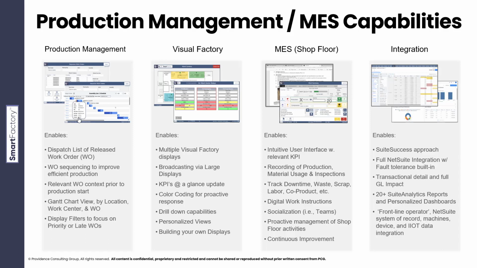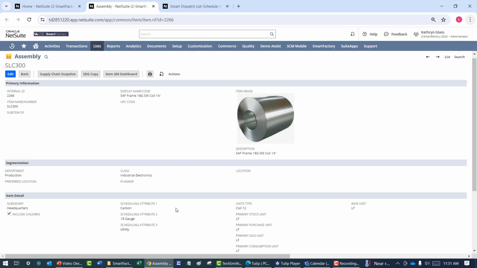Let's go take a look at the solution, and that will start in NetSuite. You're looking at a NetSuite Assembly Item Master. SmartFactory Production Management takes advantage of the 3 scheduling attributes that come with every item master.